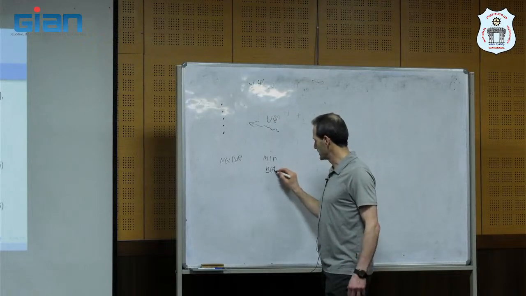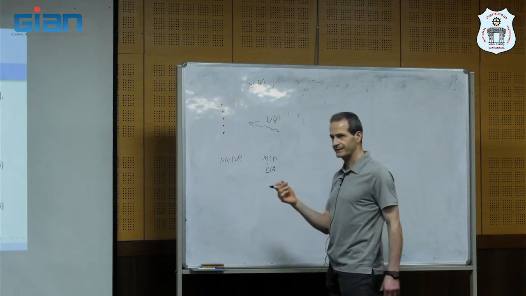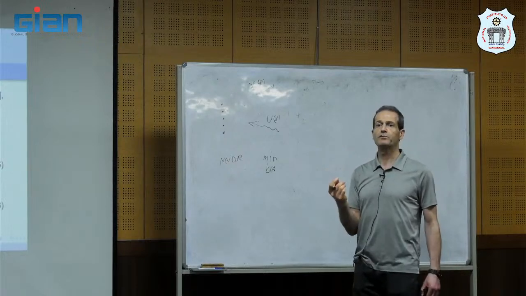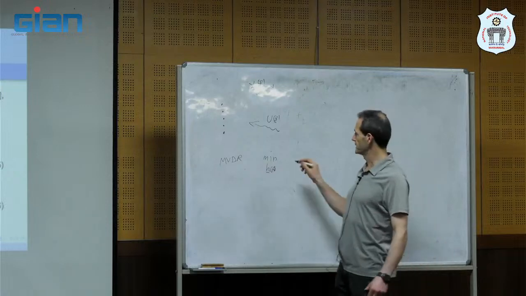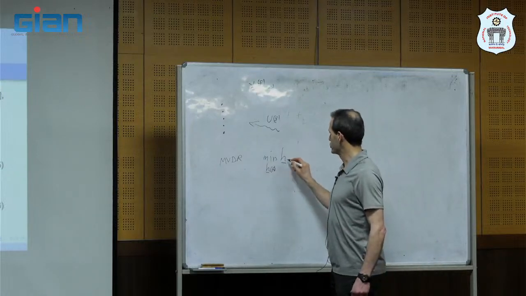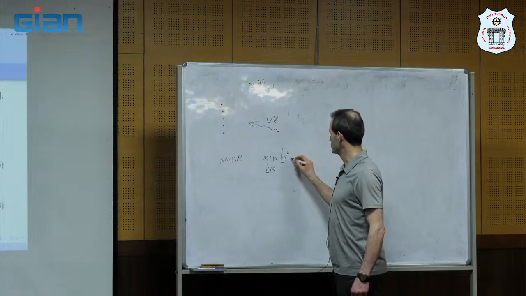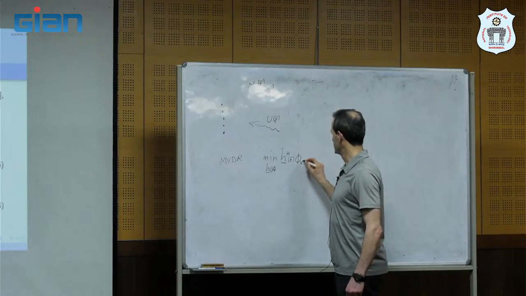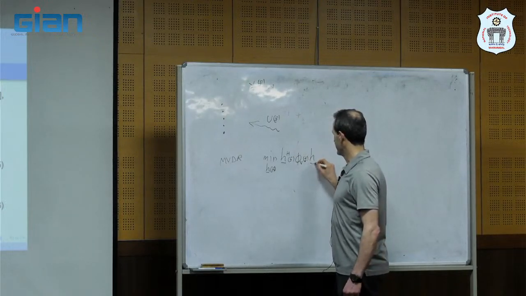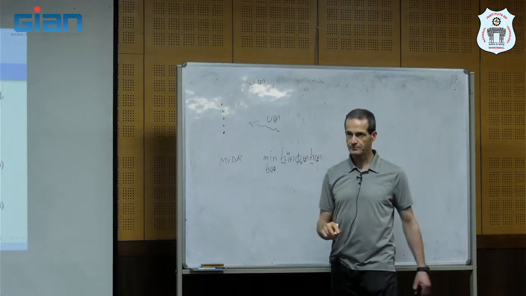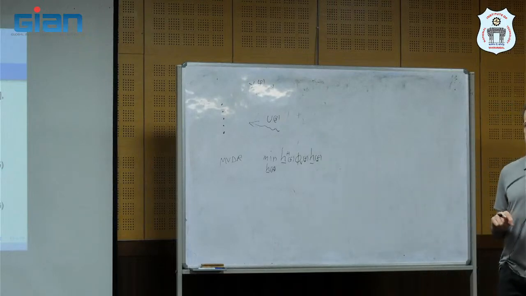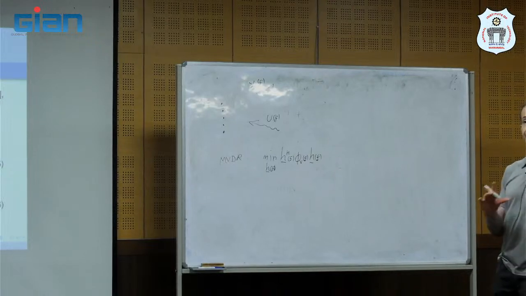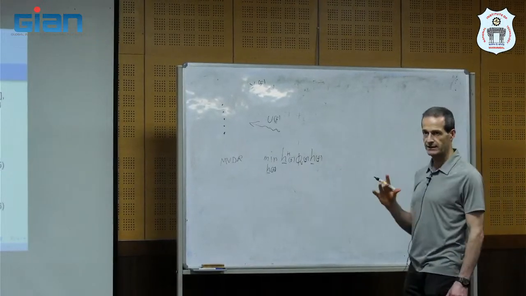For each frequency, we find the filter that minimizes the variance of the residual noise at the output of the filter, which is H transpose conjugate Φ_VV H, subject to the distortionless constraint. Because we want that for each frequency, we don't have any distortion of the desired signal.